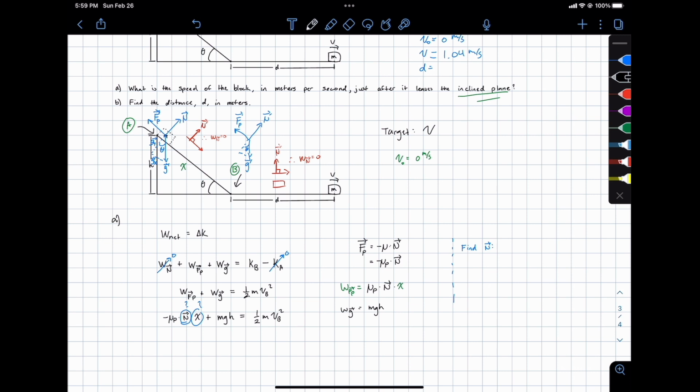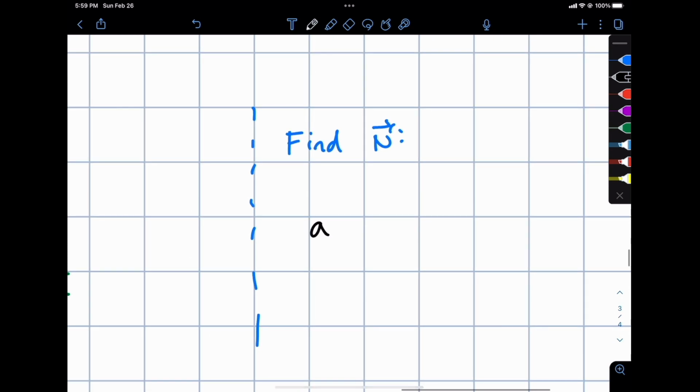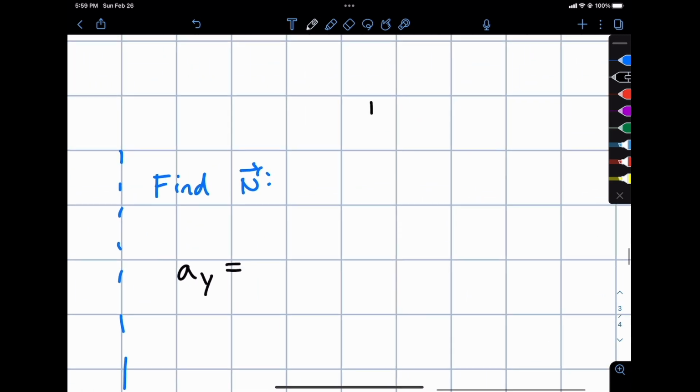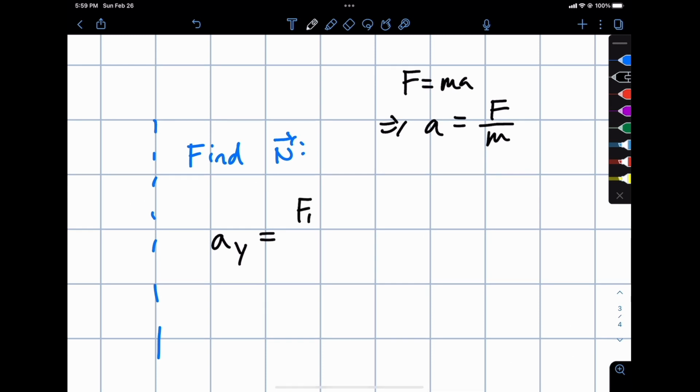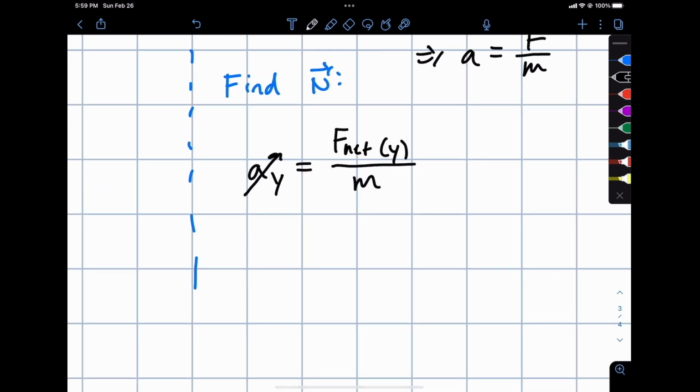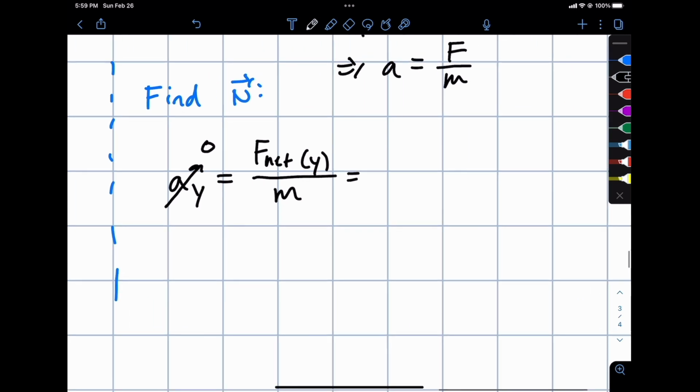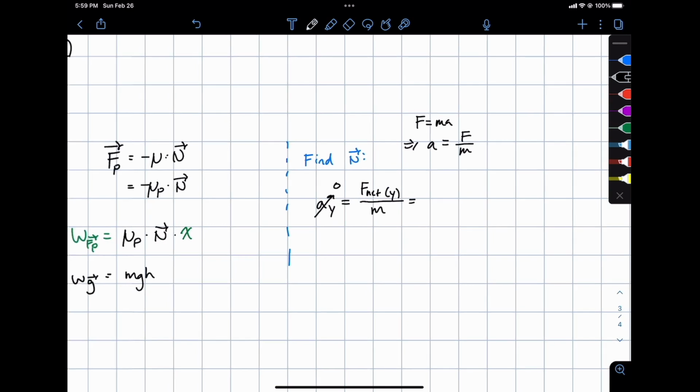It's staying there because acceleration in the y direction equals 0. Also, F equals ma, so a equals F over m, force over mass, but in this case it's the net force in y, because we're going in the y direction, over m. And we know acceleration in the y direction is 0.